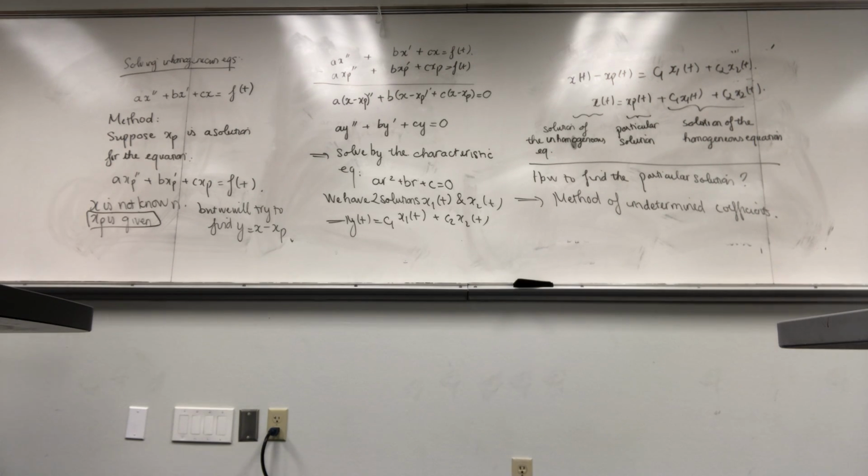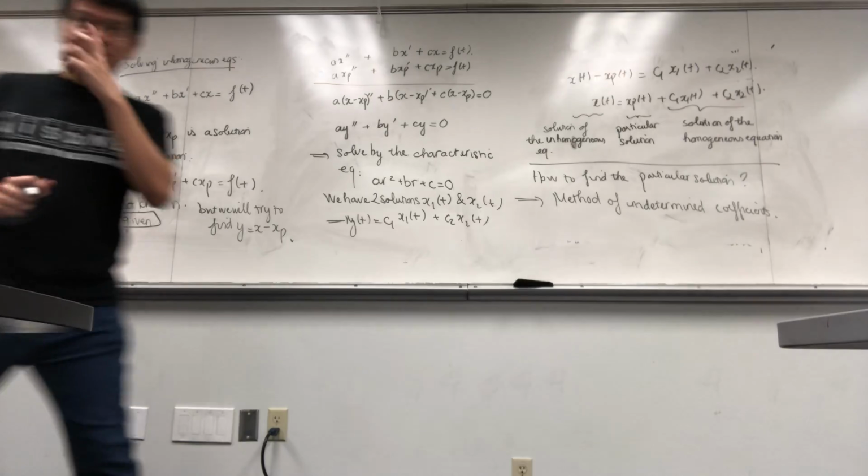So the method to find a particular solution of the inhomogeneous equation is the method of undetermined coefficients. So how many methods have we learned so far?